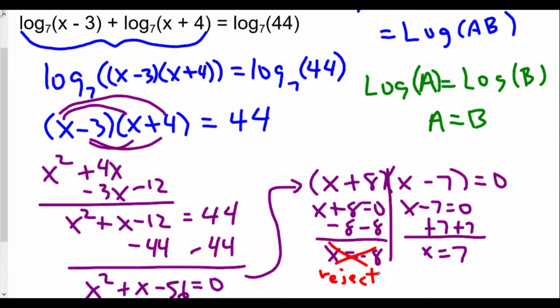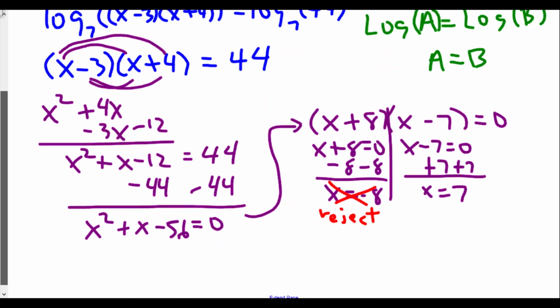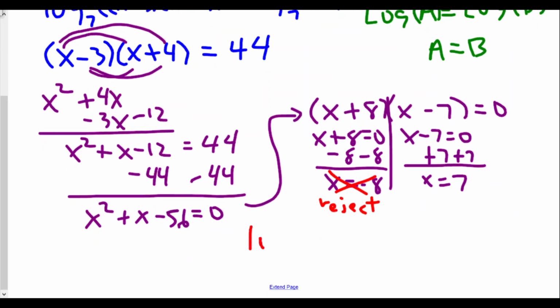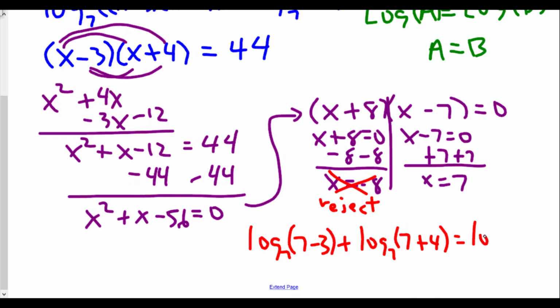However, if we plug in 7, we get the log base 7 of 7 minus 3 plus the log base 7 of 7 plus 4 is equal to log base 7 of 44.